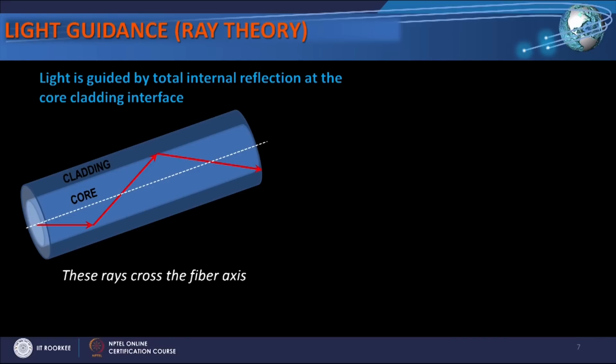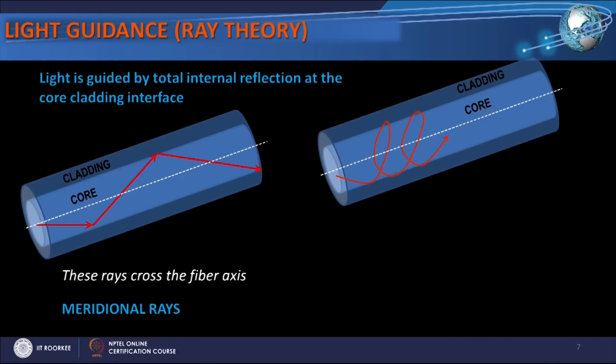What we can see here is these rays, they cross the fiber axis and these are known as meridional rays. There can be another possibility that depending upon the launch conditions, a ray can never cross the fiber axis, but it will be totally internally reflected, it will undergo TIR, but it will follow a helical path, it will never cross the fiber axis.